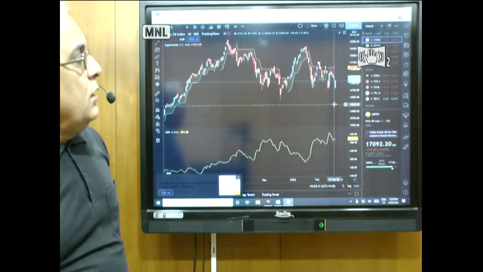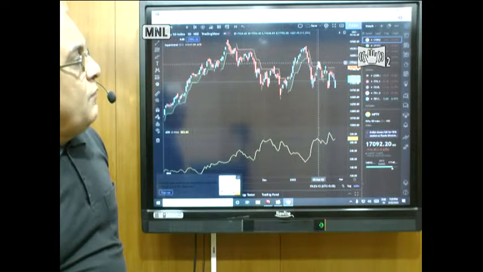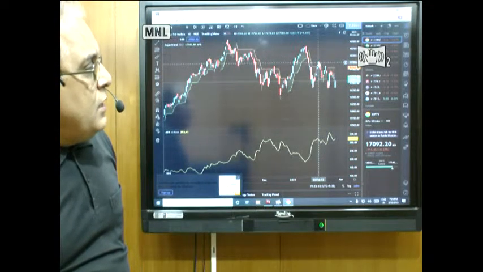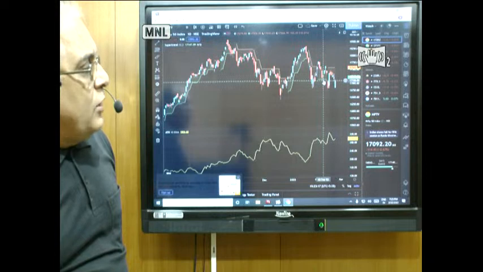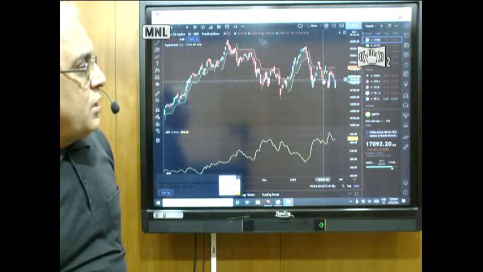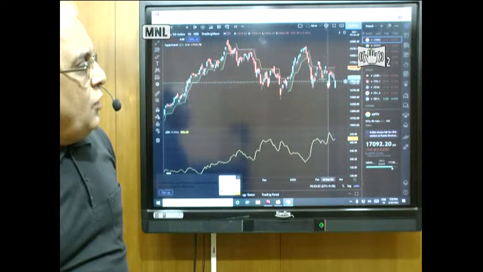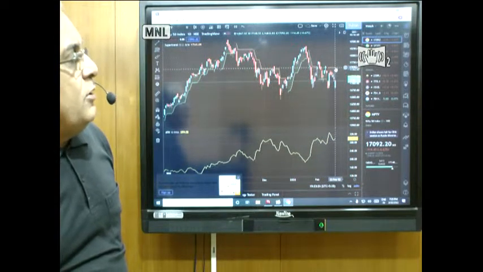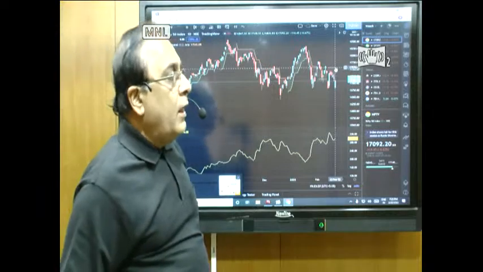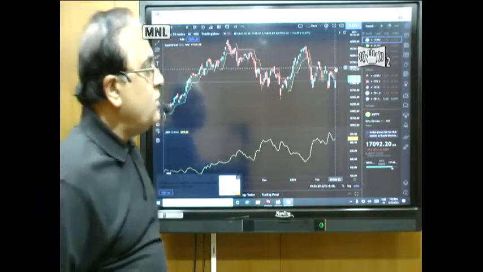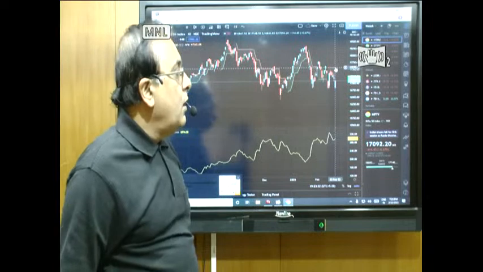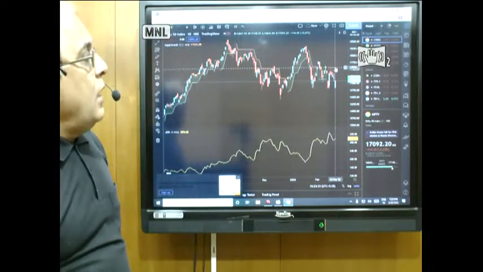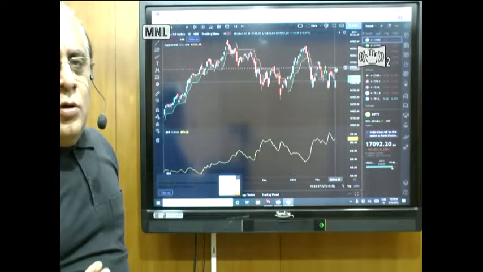If you see, it went up from this place. Once it went up, then it came down to this. It took support at this junction, right? Then after that, since it has fallen now, it will also have a resistance closer to the 17,570 or 600 level. So ATR2 will now resist at 17,570 or 600 approximately, and this is what happened.